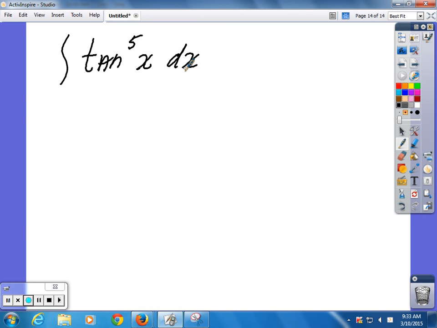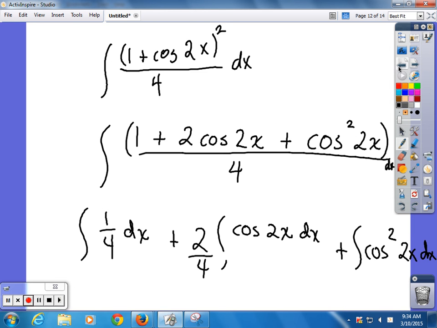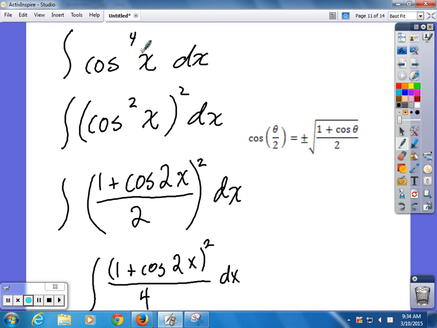Tangent to the fifth x dx. And you can take a clue from this one right here to right here. Might help you out.